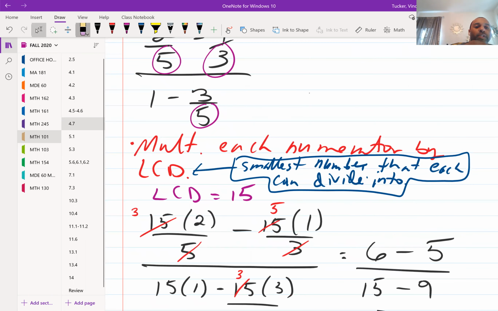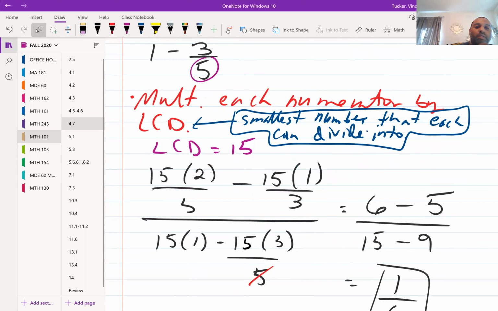So let me erase some of this so we can, like I said, walk through it. So notice we multiply each numerator by 15. The denominators are still there. See, 5, 3, and 5 are still there, but we multiply each numerator. Even if it didn't have a fraction at all, that one was still affected by that 15.